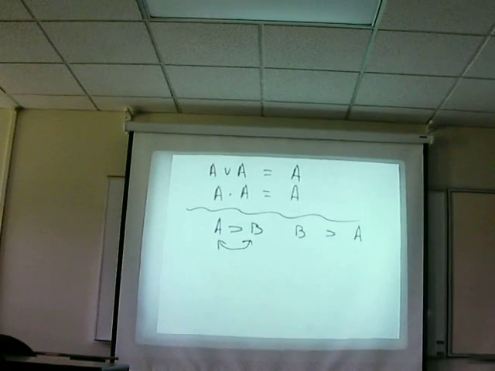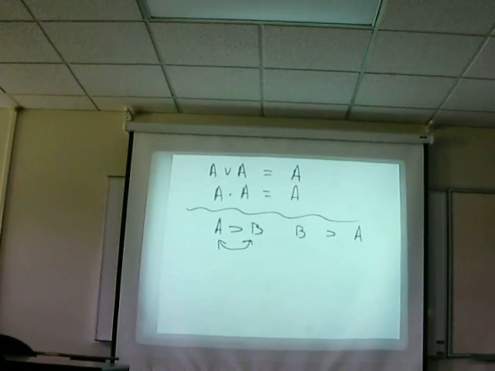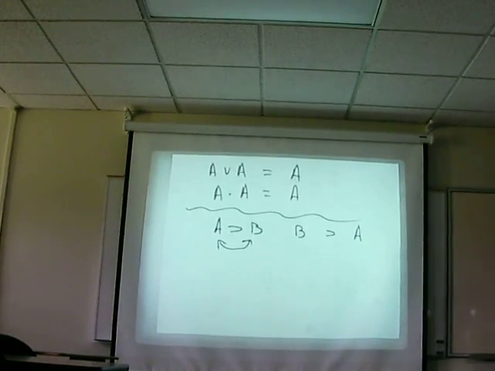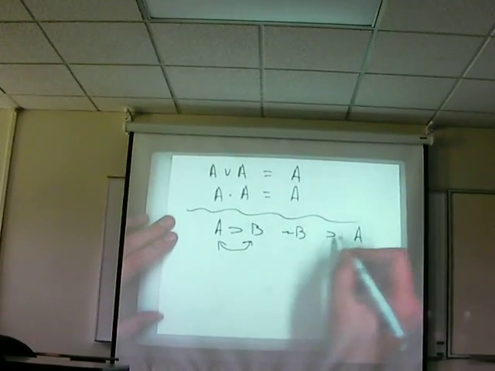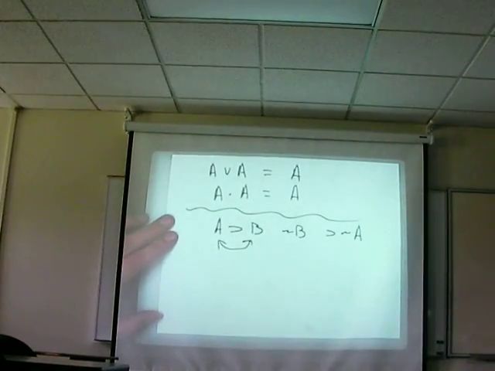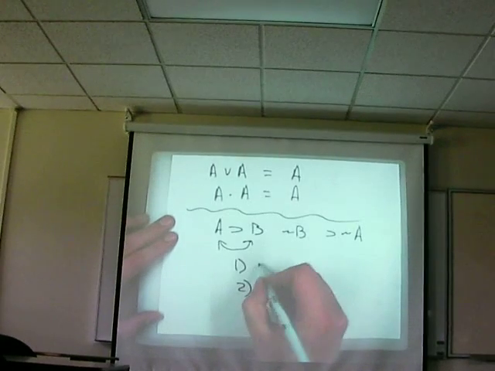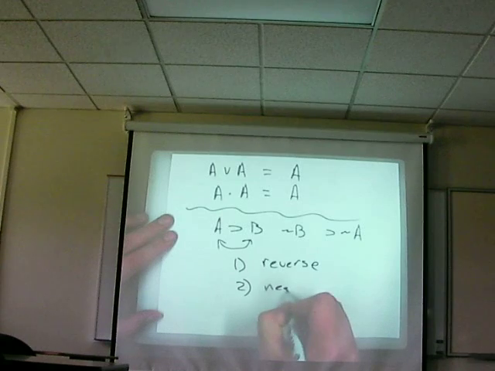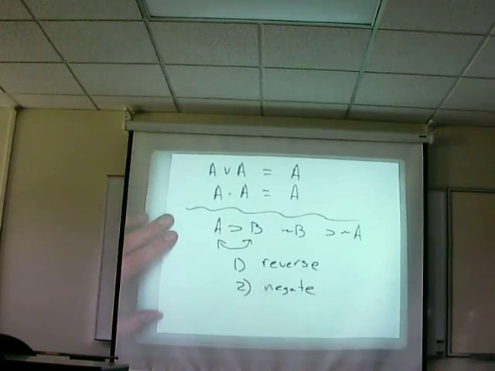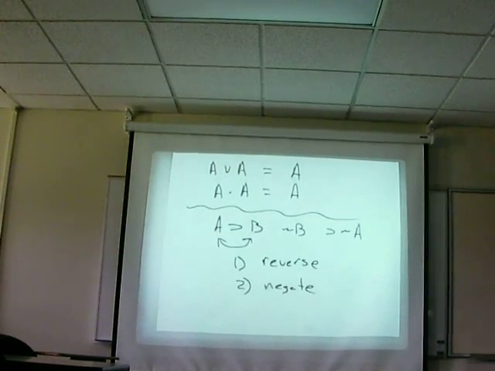The difference between com and transposition is that for transposition, we also need to negate, and that's the second step to pulling it off. So A horseshoe B becomes not B horseshoe not A. Those are the 2 steps to pull off transposition: first of all, quote-unquote reverse, and second, negate. But remember that general rule, reverse and negate, and you won't have any problems when it comes to transposition.